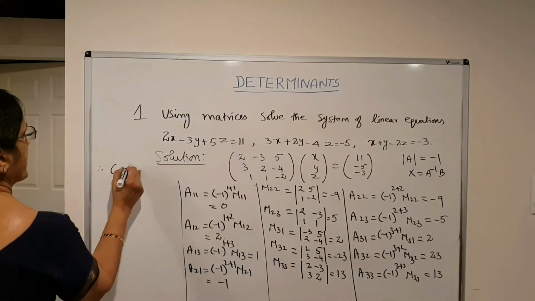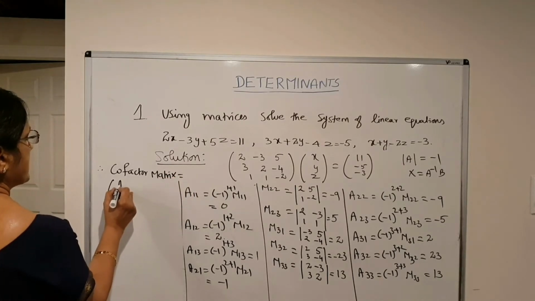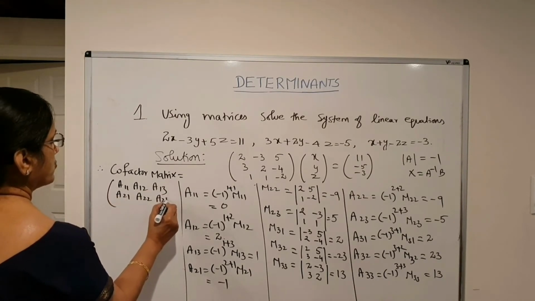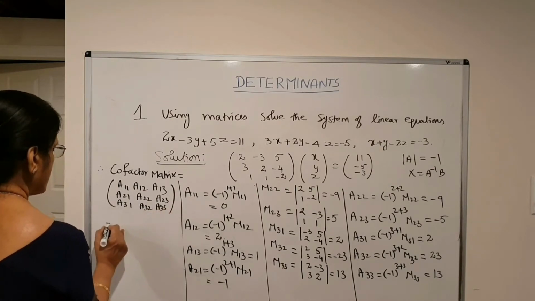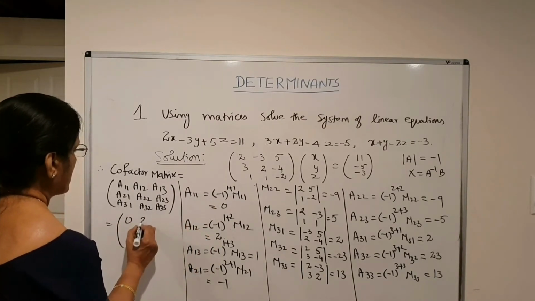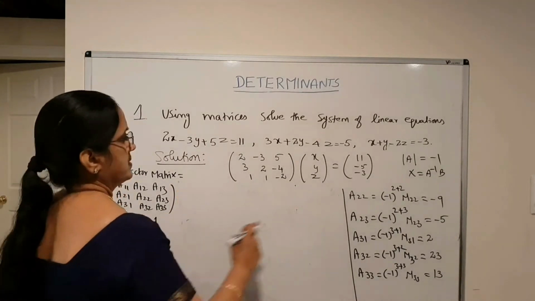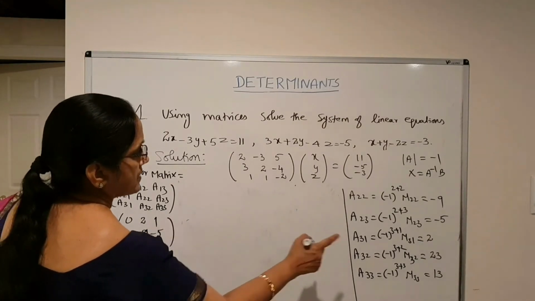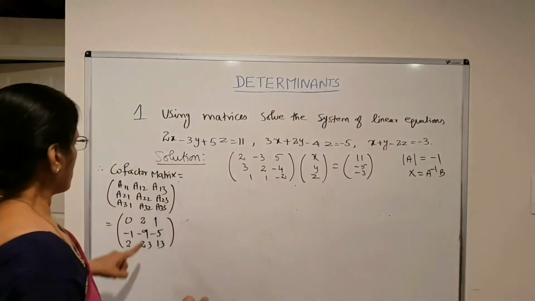Therefore, the cofactor matrix is written as A11, A12, A13, A21, A22, A23, A31, A32, A33, which is equal to, let me write all the values: A11 is 0, A12 is 2, A13 is 1, then A21 is minus 1, A22 is minus 9, A23 is minus 5, A31 is 2, A32 is 23, A33 is 13. Okay, now I have written the cofactor matrix.